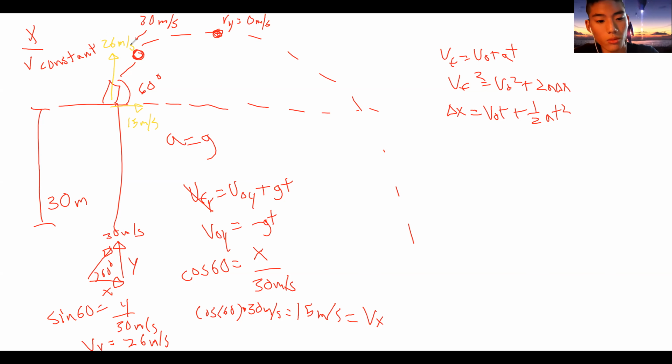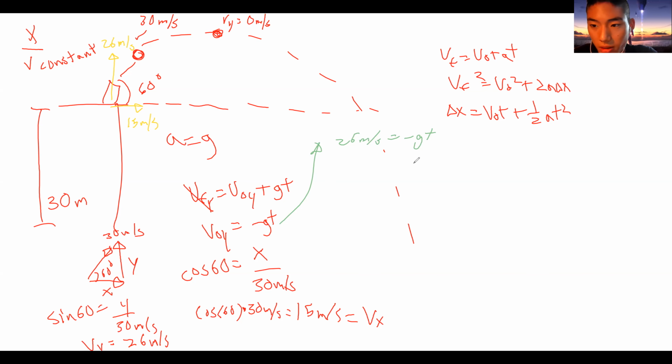Okay, so we know, let's just bring this over. We get this equation: 26 meters per second is equal to negative gt. But our g is negative 9.81.